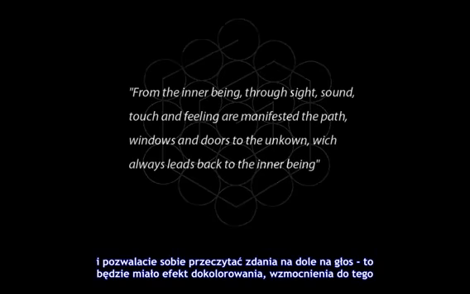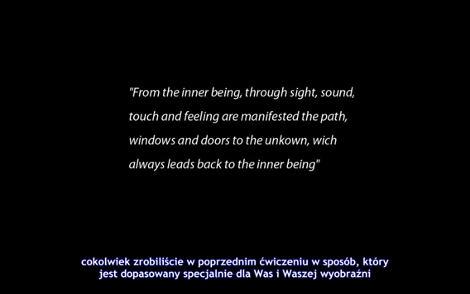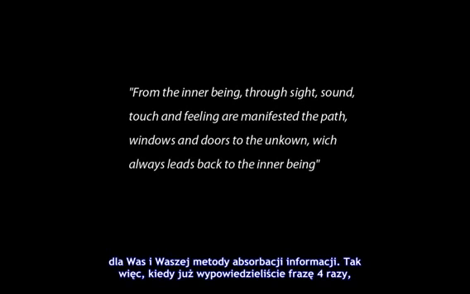This will have the effect of coloring, spicing, magnifying, amplifying whatever it is you did in the previous exercise in a way that is tailored specifically for you and your imagination, you and your method of absorbing information.